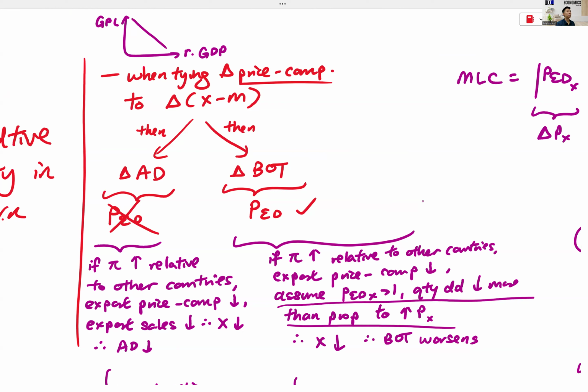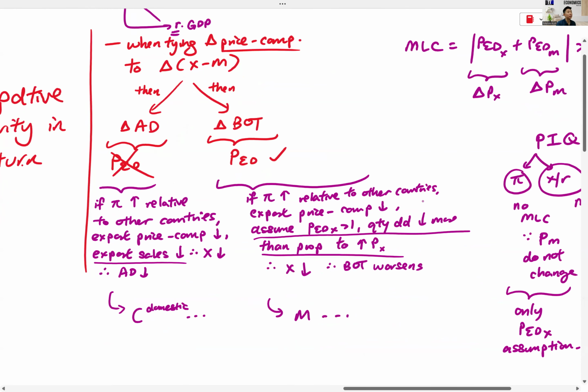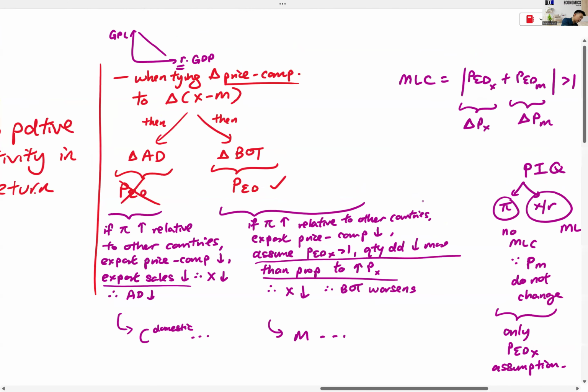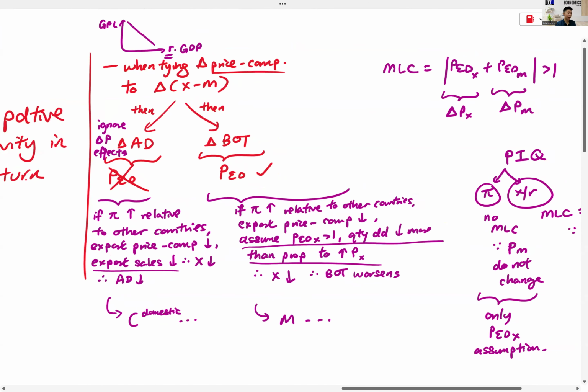Real means you ignore effects of price change. Because you ignore the effects, straight away you just know people buy less. You don't even care about the change in price. Since you ignore the effects of price change, you don't need elasticity. That is the reason. So for BOT, we need elasticities because BOT is in nominal terms, it's not real terms. Okay.